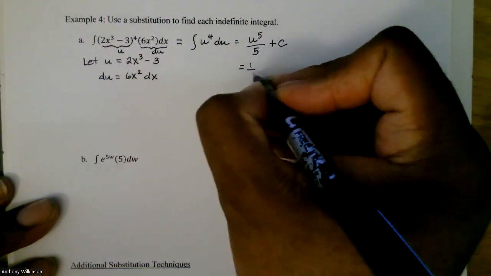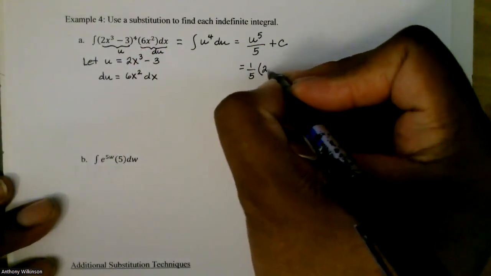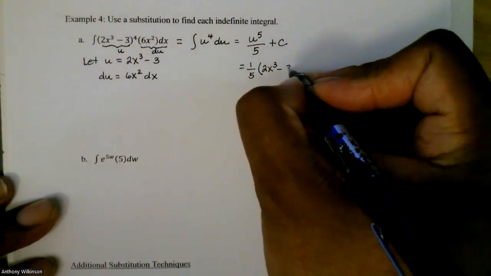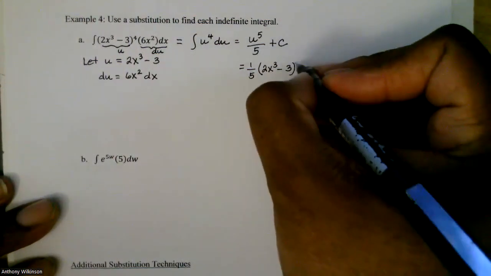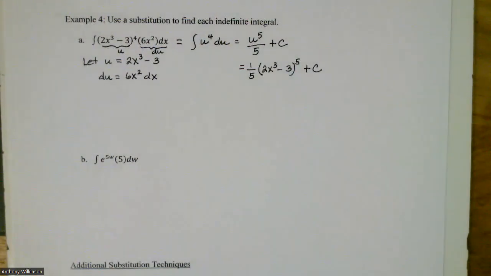And I'll write this as 1/5 times, replace the u with that 2x cubed minus 3, and that's going to be raised to the 5th power plus c. So my final answer there would be 1/5 times the quantity 2x cubed minus 3 raised to the 5th plus c.